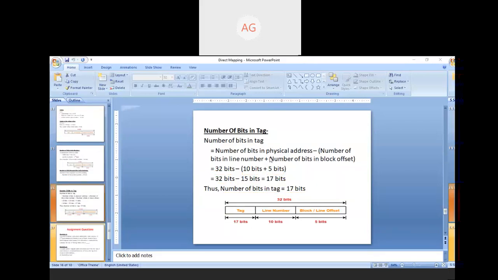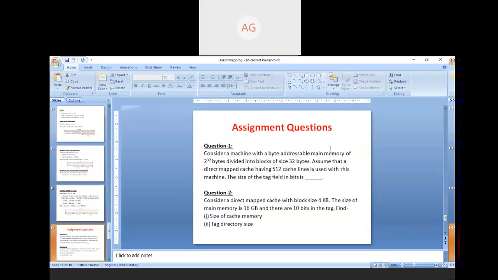So basically our question ends here, and these are the two numericals which are part of the assignment questions given to you in this unit. You need to solve these questions step by step, as we already discussed in the solutions of the previous questions, and submit them in the Google Classroom for Computer Architecture.